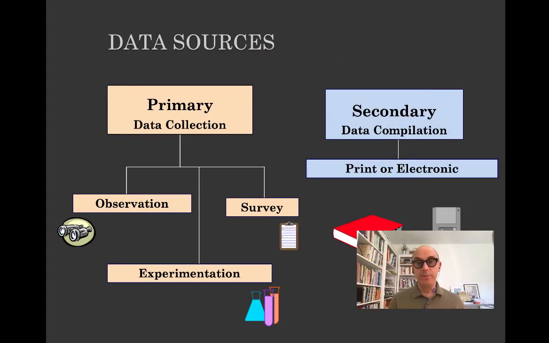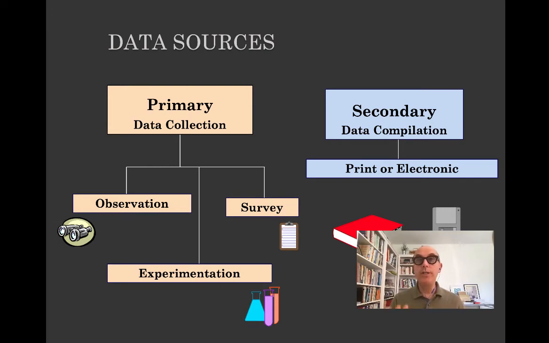Data source. In academic or scientific research, we usually use the terms primary and secondary. Primary data comes directly from observation, survey, or experiment, where we observe directly and collect the data.